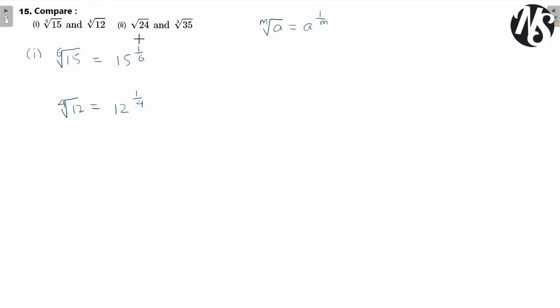Here you need to make the denominators of the powers the same. That can be done by multiplying the powers. We have 6 here, we have 4. Now can I multiply this by 3?